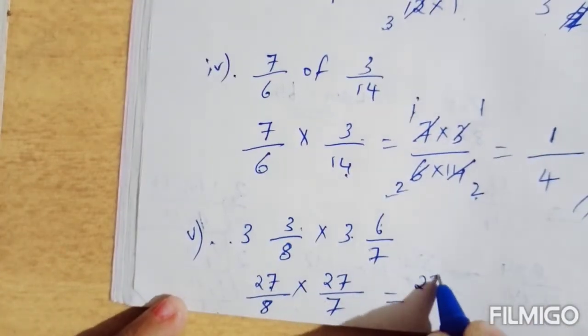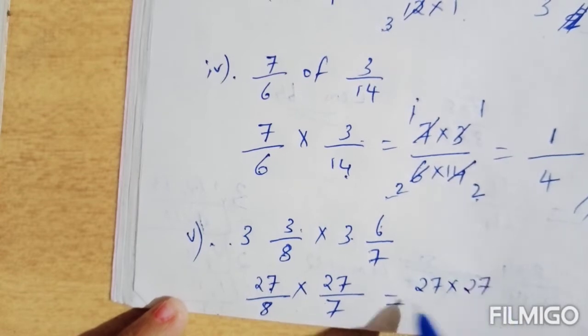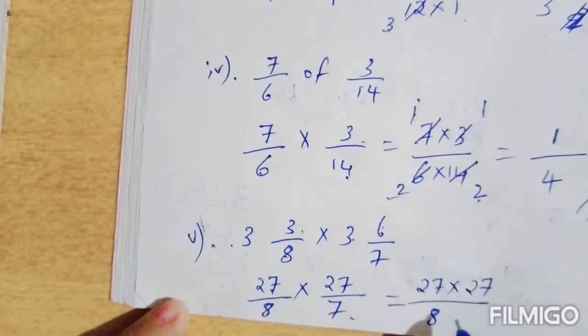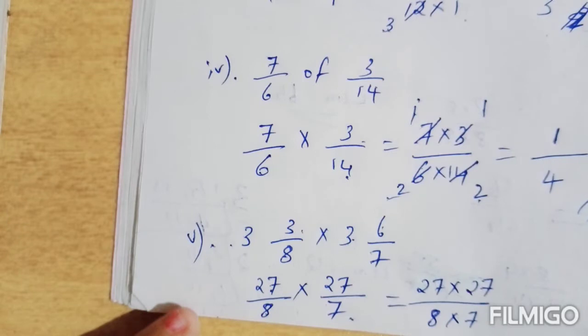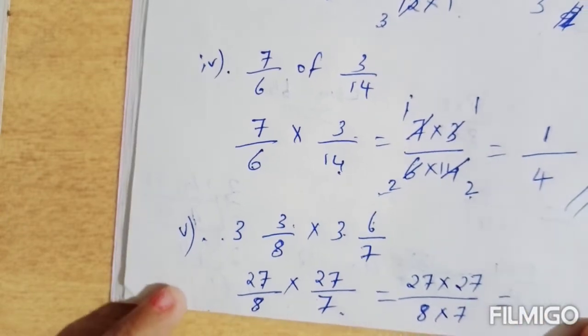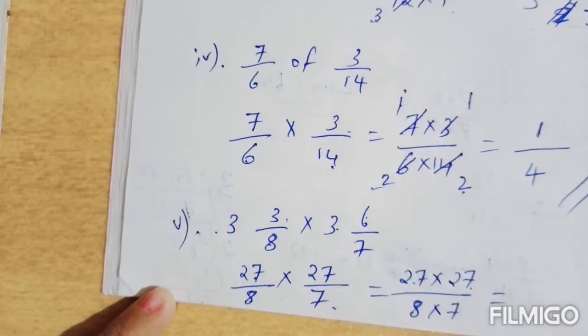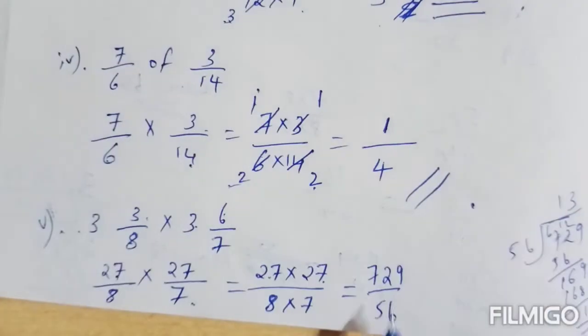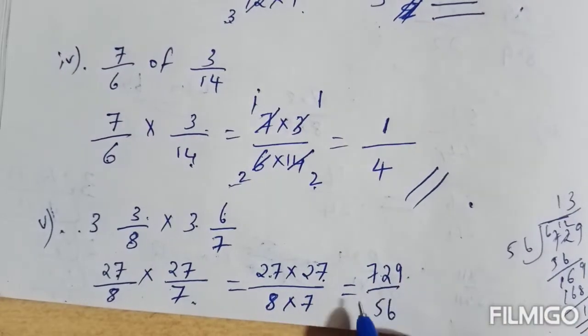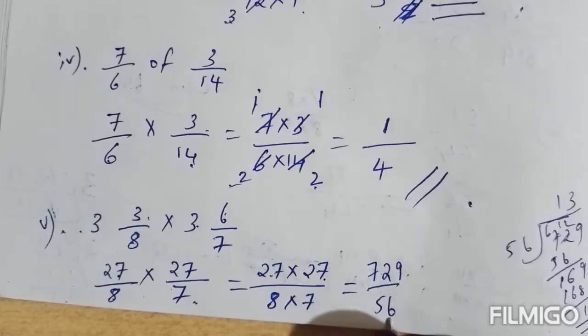Now how can you multiply? Product of numerator 27 into 27 by product of denominator 8 into 7. Okay. Now this 27 into 27, what you will get? 729 divided by 8 into 7, it is 56.